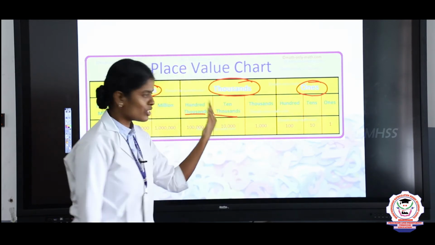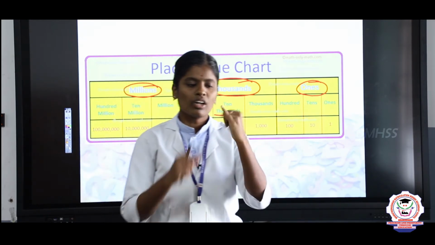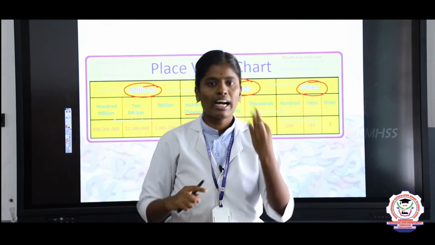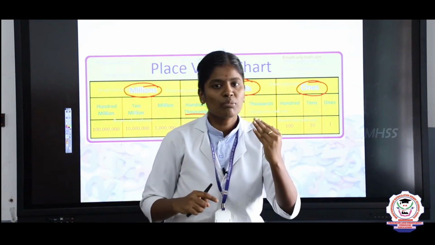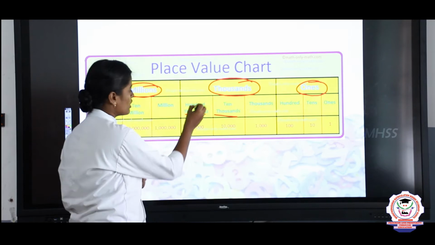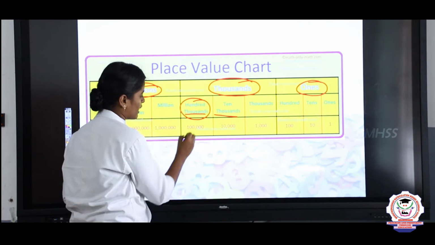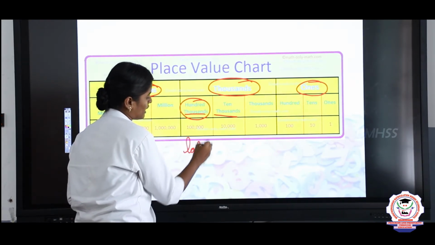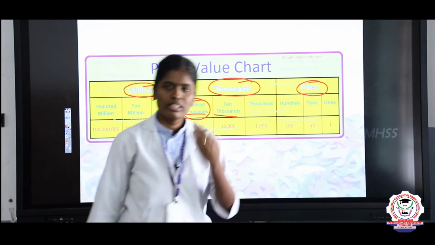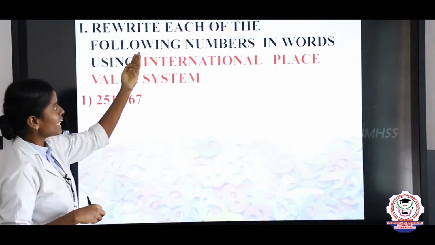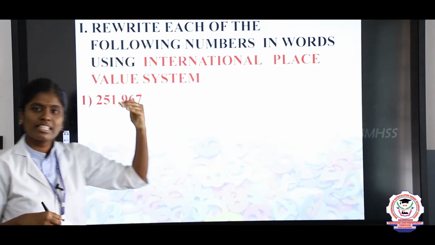In thousand place also we have 3 sub periods: 1000, 10,000, 100,000. In the Indian place value system, this 100,000 we will call lakh place.